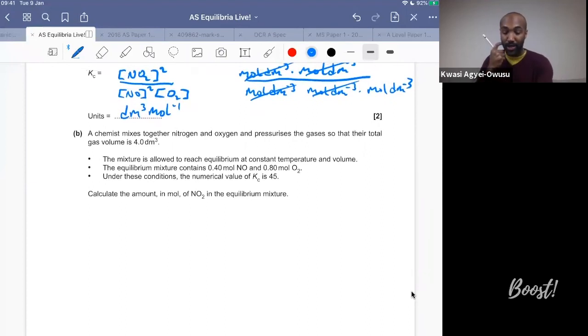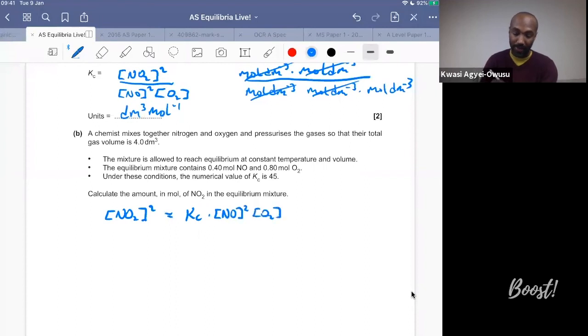So what we can do is rearrange our expression for Kc to make moles of NO2 the subject. So the square of NO2 concentration is equal to Kc times NO raised to the power 2 and O2.